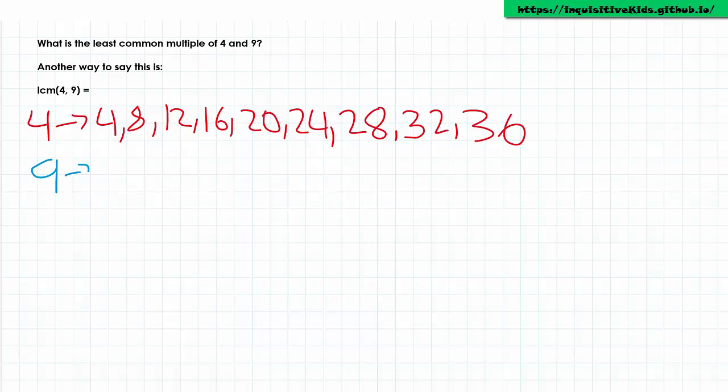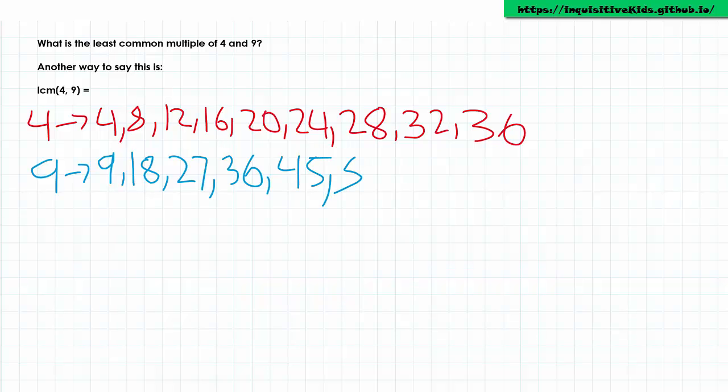Multiples of 9. So multiples of 9 are 9, 18, 27, 36, 45, 54, 63, 72, and 81.